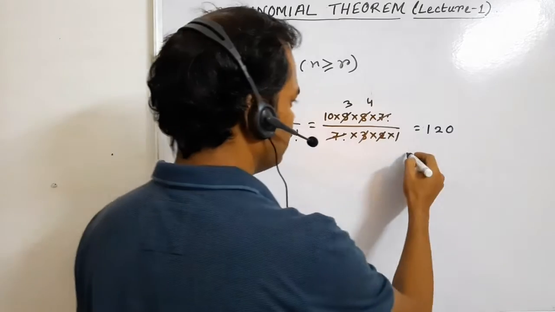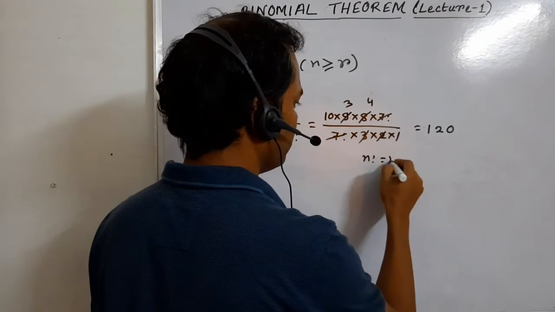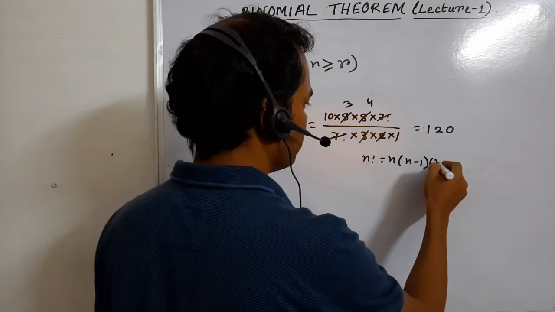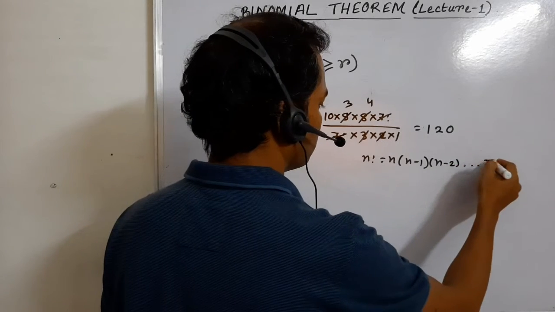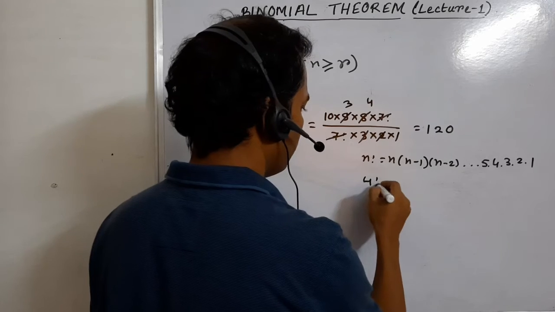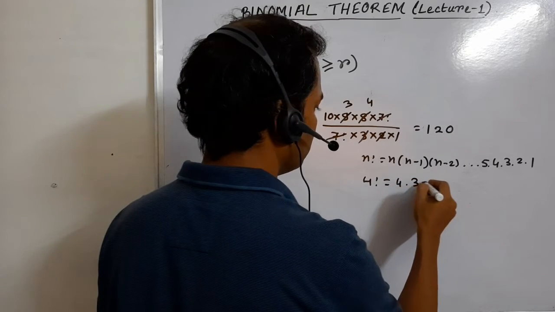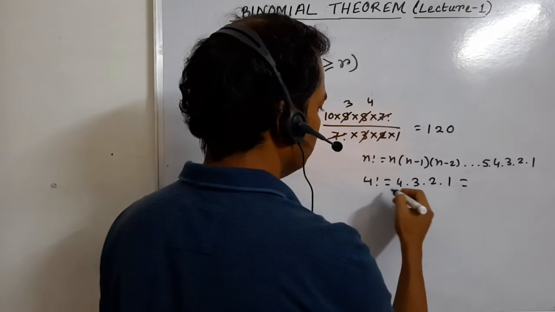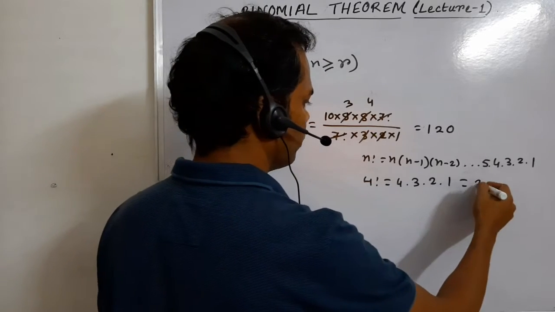Now what is n factorial? n factorial is n into n minus 1 into n minus 2 ... 5 into 4 into 3 into 2 into 1. For 4 factorial, 4 into 3 into 2 into 1, so 4 threes are 12, 12 twos are 24.